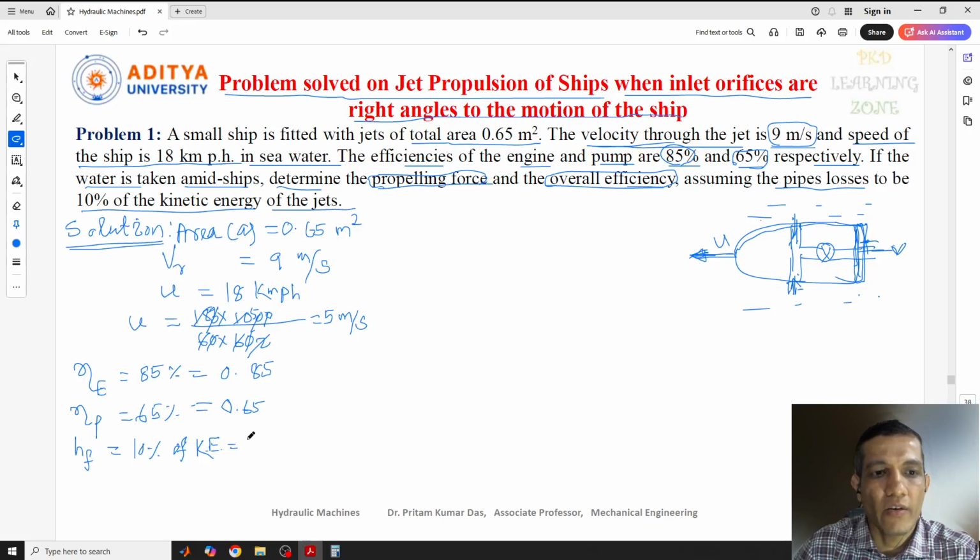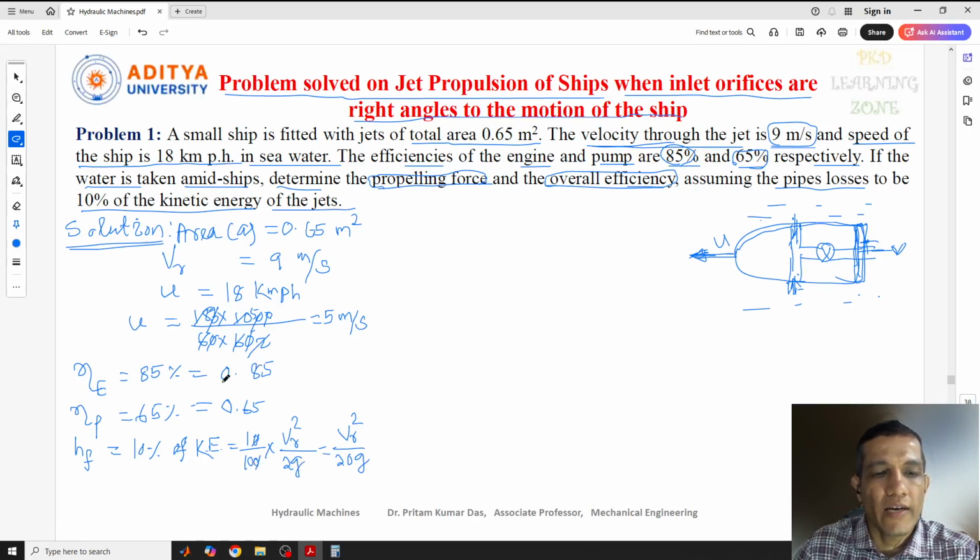In place of V, we need to write VR actually, relative velocity. So we can write 10% of this, 10 by 100 into V square. So in place of V, I can write VR square by 2g. So here I can write this is VR square by 20g. This is 20g. So you can write like this.